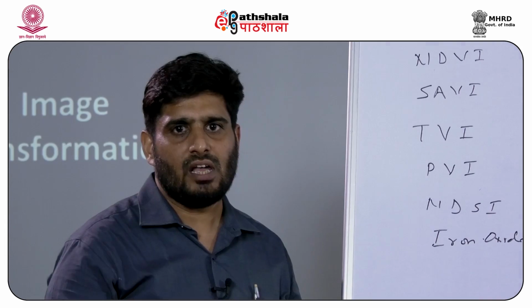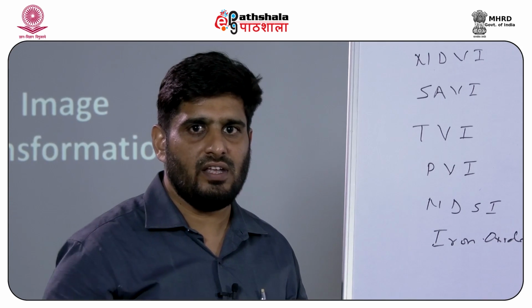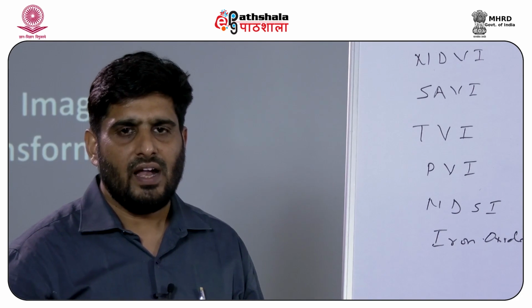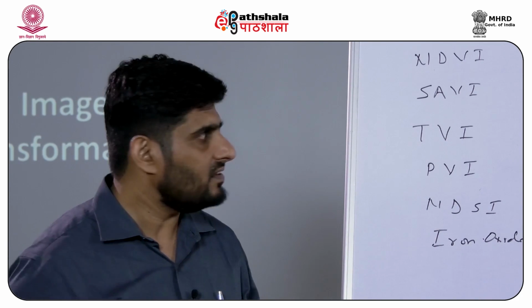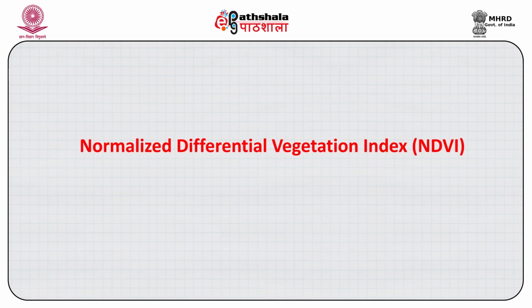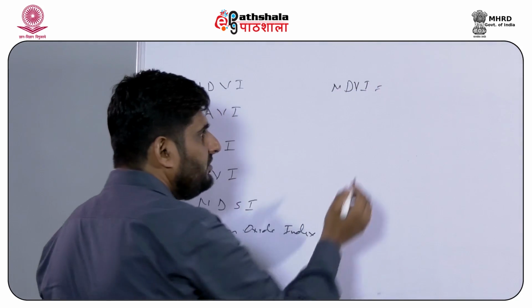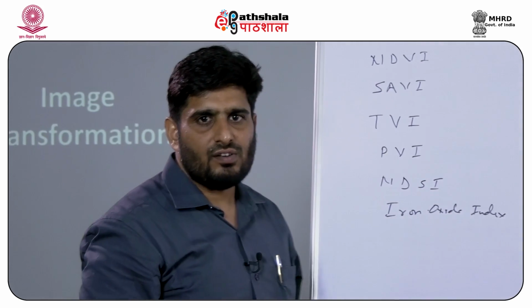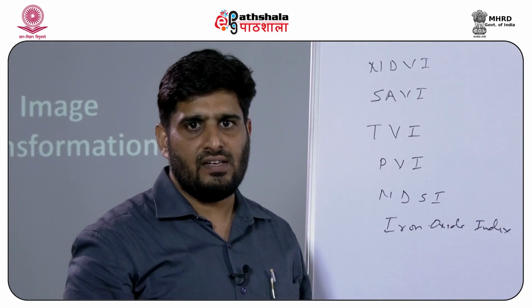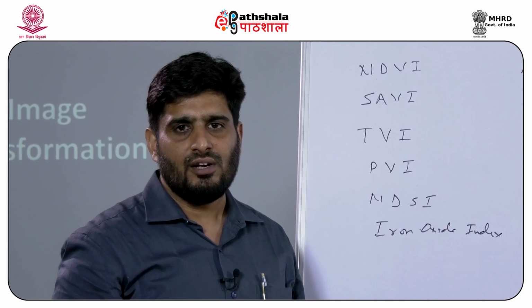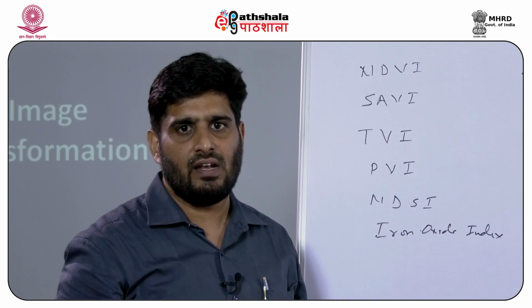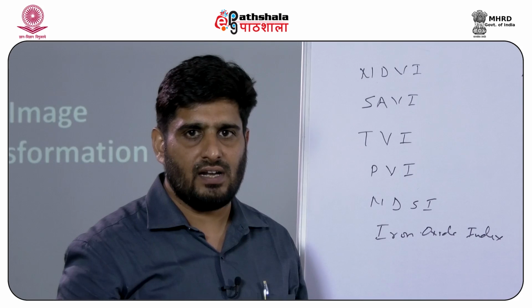Now, let us talk briefly about each of these indices. The NDVI index is represented as the ratio of the difference of pixel values in near infrared and red bands to the sum of those pixel values in near infrared and red bands.